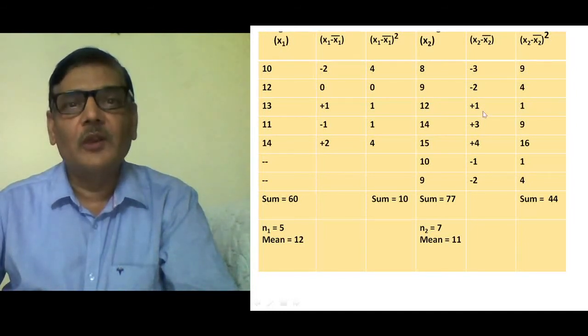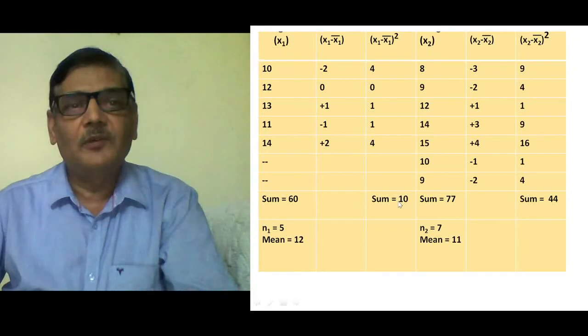We have done all these 7 cases for getting X2 minus X2 bar. Then for X2 minus X2 bar squared, these values are squared. Finally, you find the sum of X2 minus X2 bar squared, and that value has come to 44.